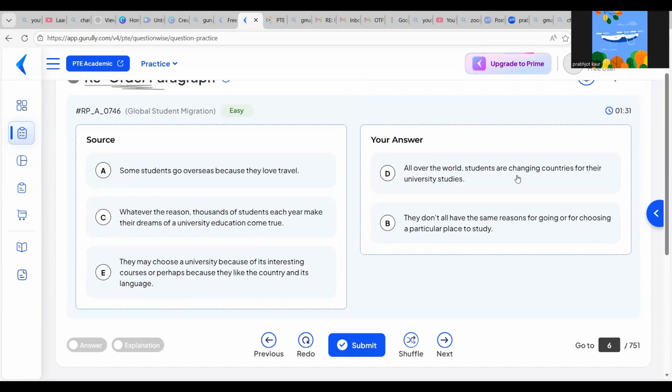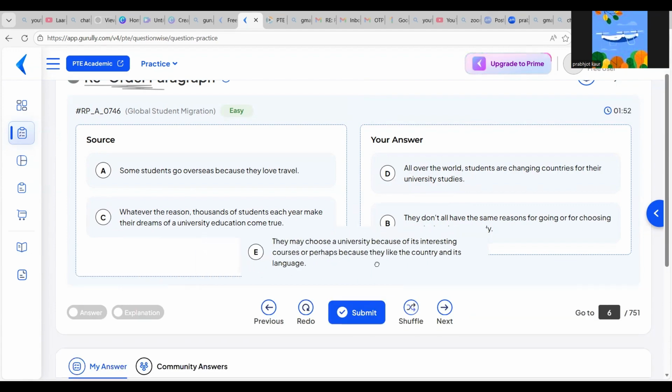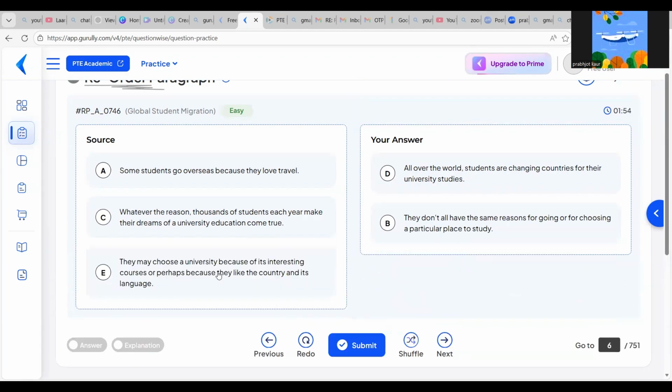All over the world, students are changing countries for their university studies, and they don't all have the same reasons for going or choosing a particular place to study. They may choose a university because of its interesting courses, or perhaps because they like the country and its language. So this one is very clear.